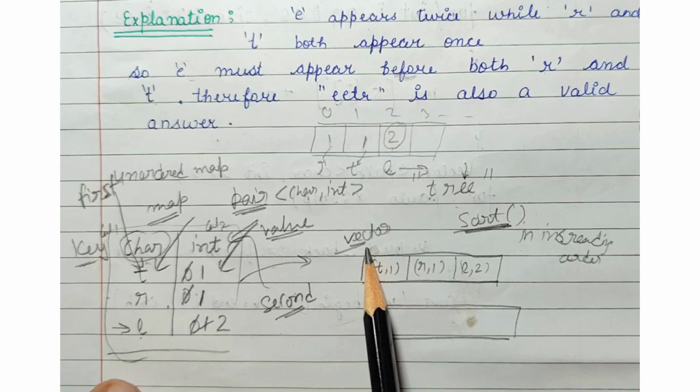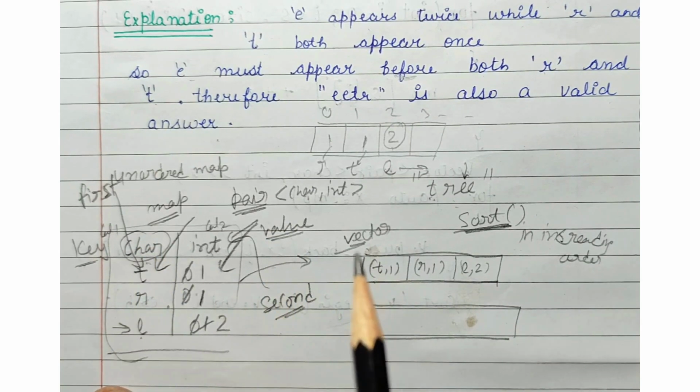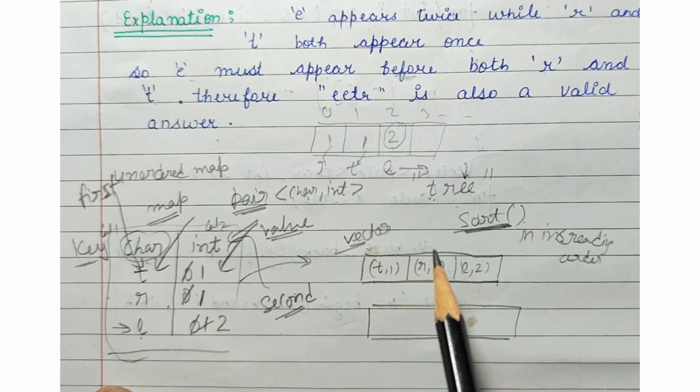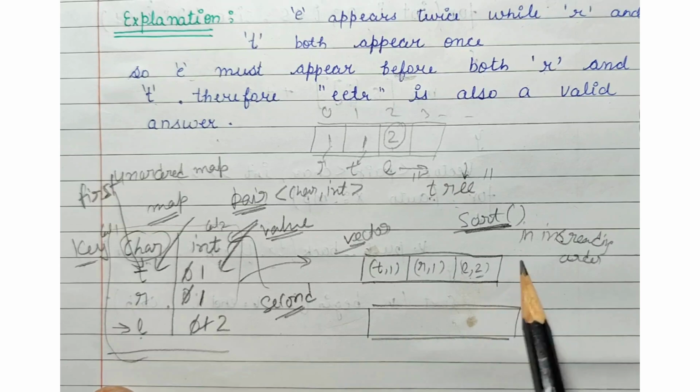But in the question we have mentioned that we have to sort the elements in decreasing order of frequency. The frequency of e is 2. So now we have to sort the elements in decreasing order of frequency.